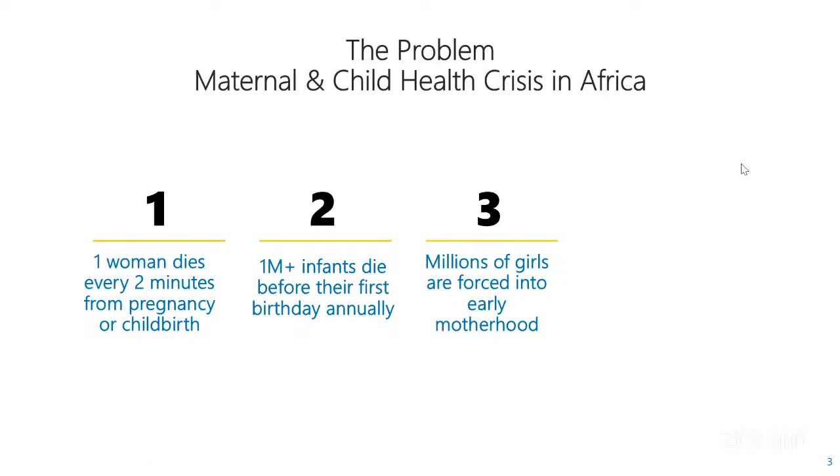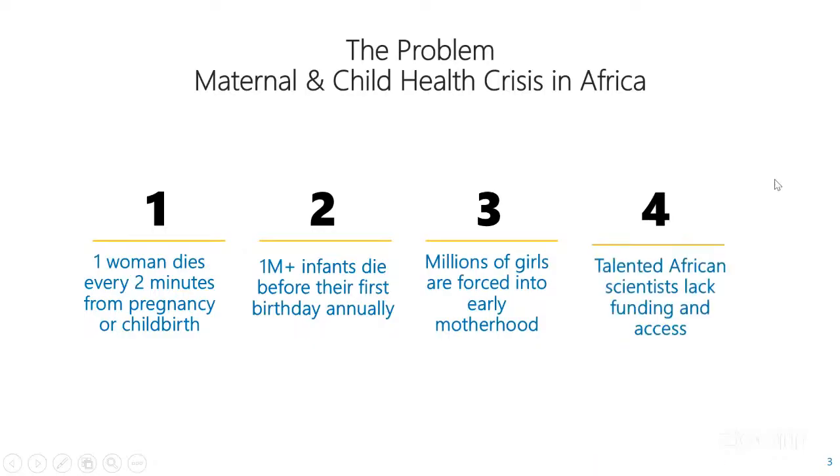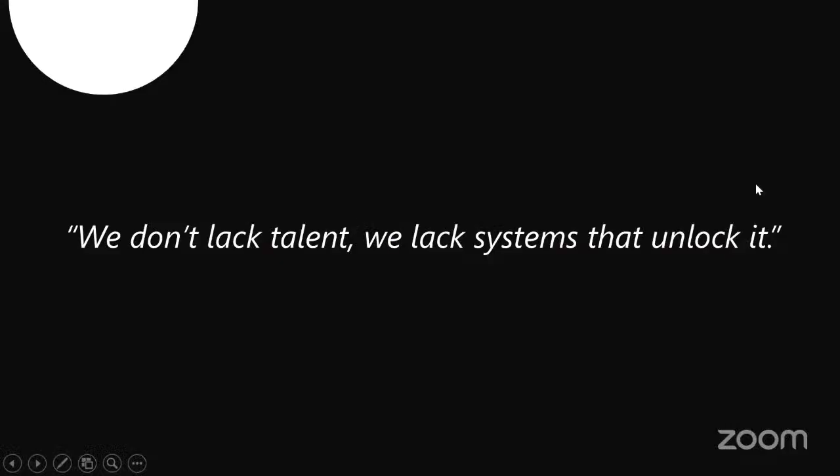And also we have millions of girls who are forced into early motherhood and talented African scientists who lack funding. So that's the problem we're trying to solve using Actuate Hope. What we believe in is that we don't lack talent. What we lack is systems to unlock it.